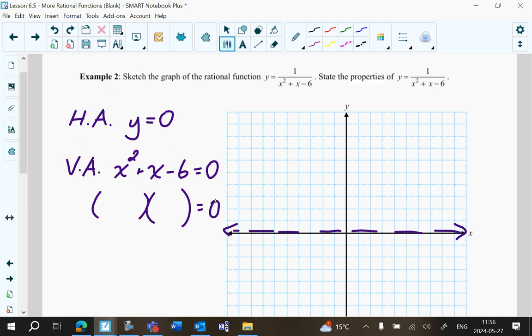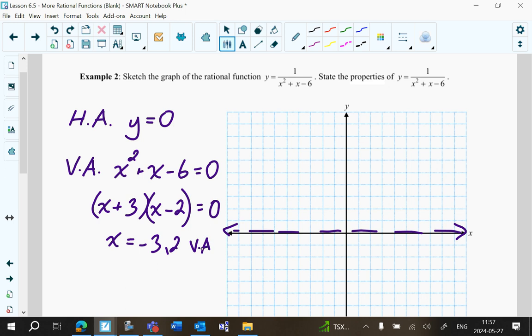So I'm looking for two numbers that multiply to -6 and add to 1: plus 3, -2, which means that x will equal -3 or +2, and those are the vertical asymptotes.